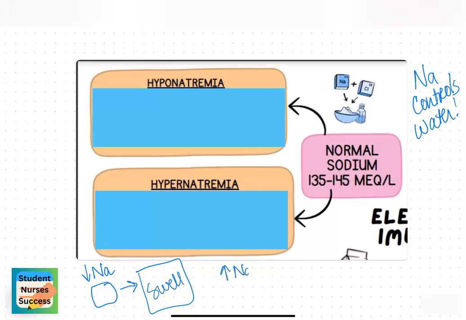Hypernatremia, or increased sodium, means there's too much sodium outside the cell. In this case, water from inside the cell moves out of the cell to try to balance, causing the cell to shrink.